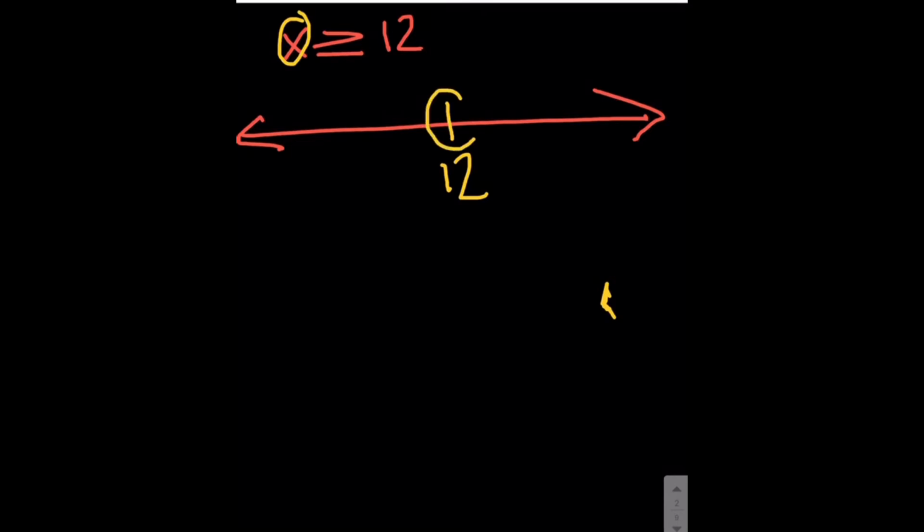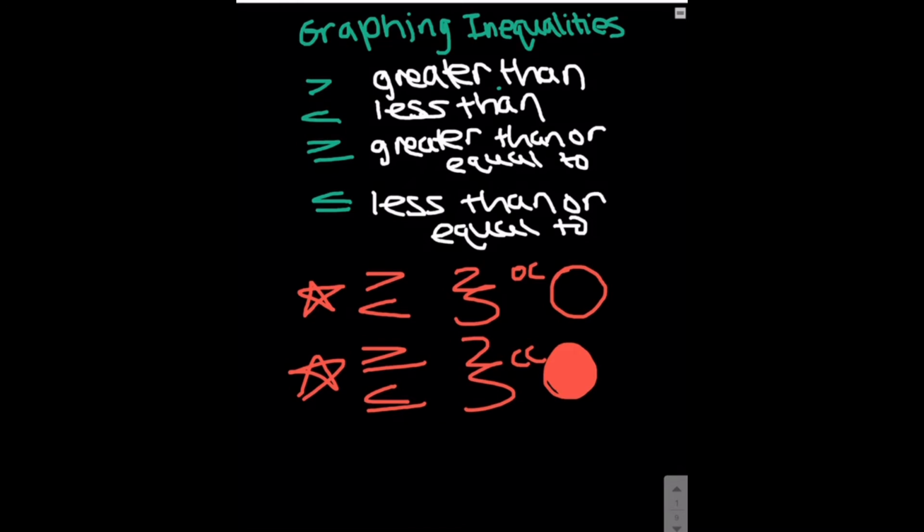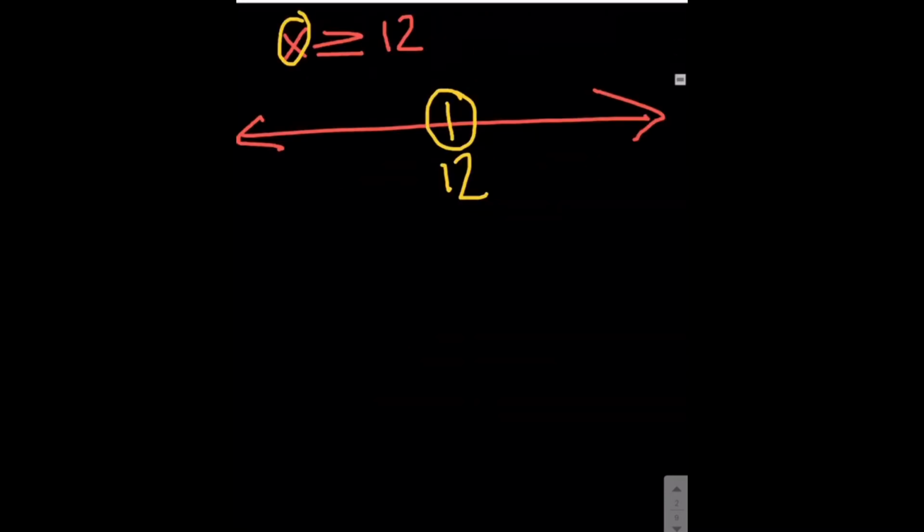When I said closed circle, let's go back to the first page. Here, if it has greater than or equal to or less than or equal to, it gets a closed circle. So that means that I must fill it in.